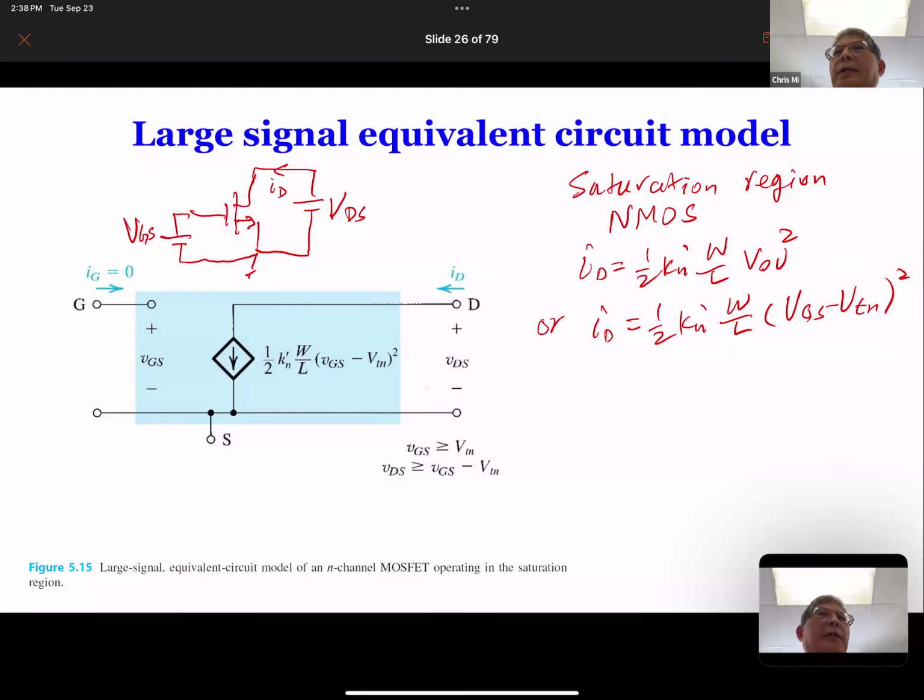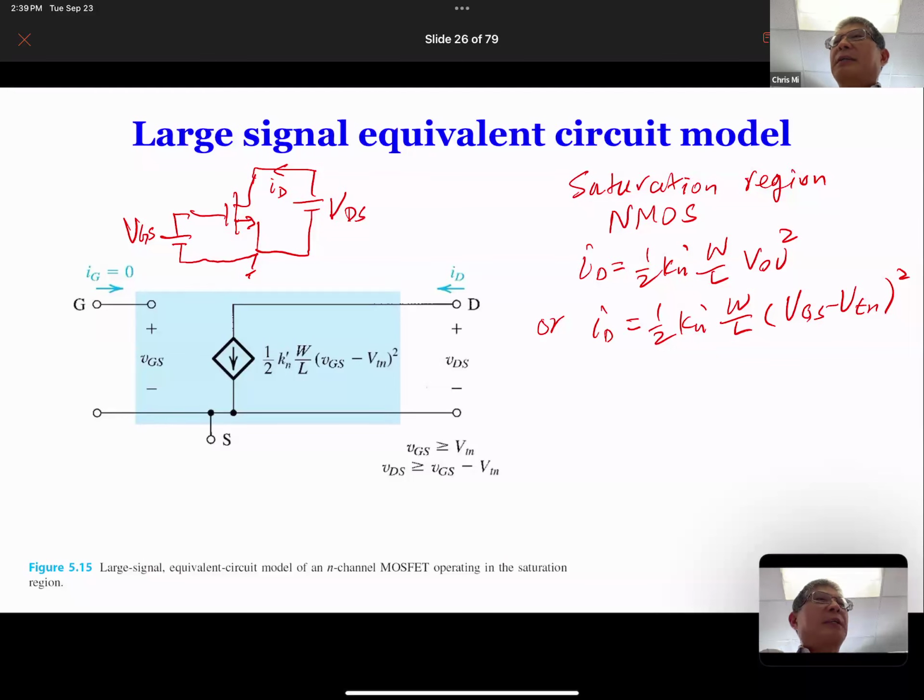You see here, the voltage at the input, VGS on the gate side, minus the VTN, gives you basically the dependence of the current ID in the MOSFET.